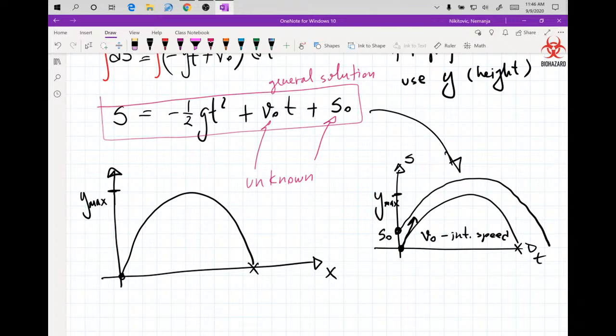So we have the general solution now, which has two of these parameters, V0 and S0, which are crucial for our motion here and for our equation here. So that takes care of that, and those are the things that you can measure, right?